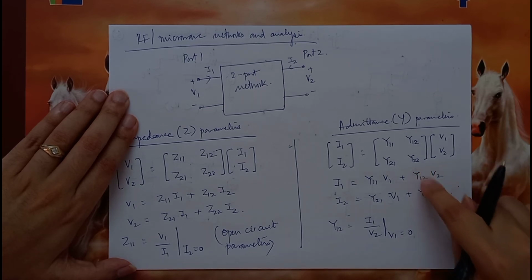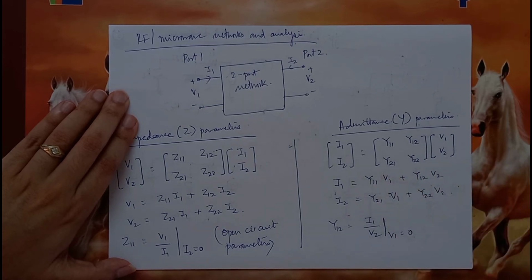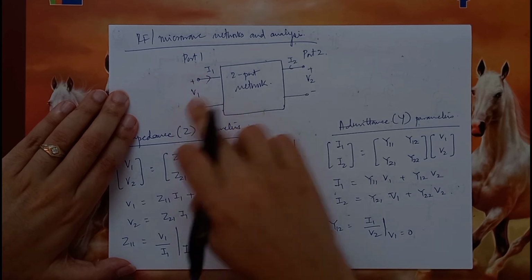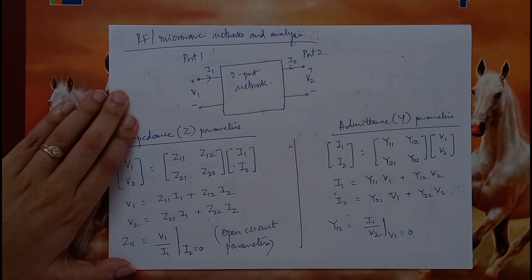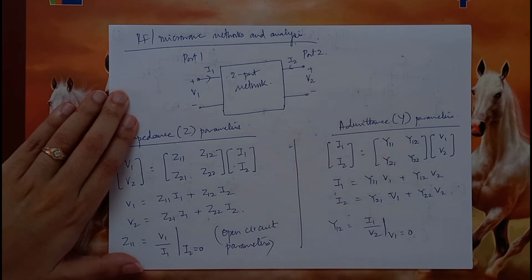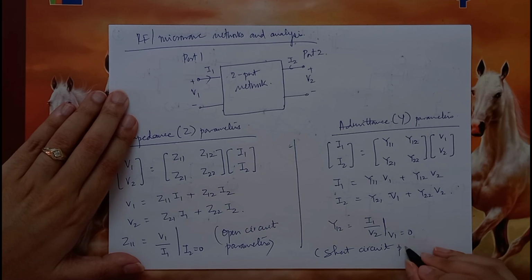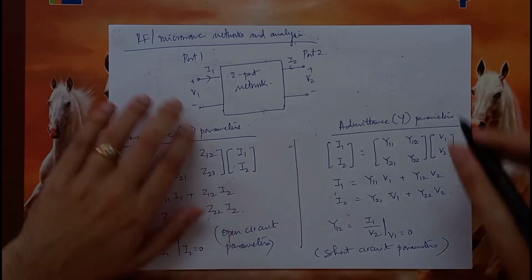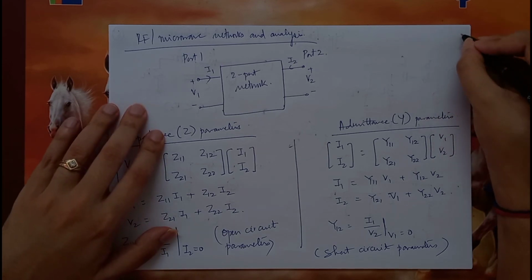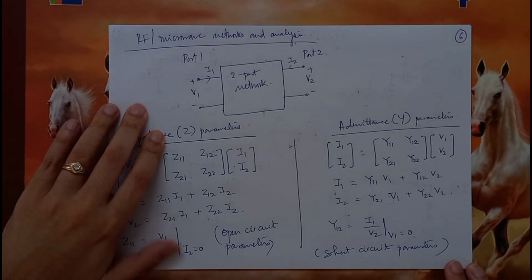But to find out Y12 and Y22, you need to make V1 as 0. So the voltage at either port now has to be nullified. And how can you nullify the voltage at some port? You can do so by replacing that port with a short circuit. So these are also called short circuit parameters.